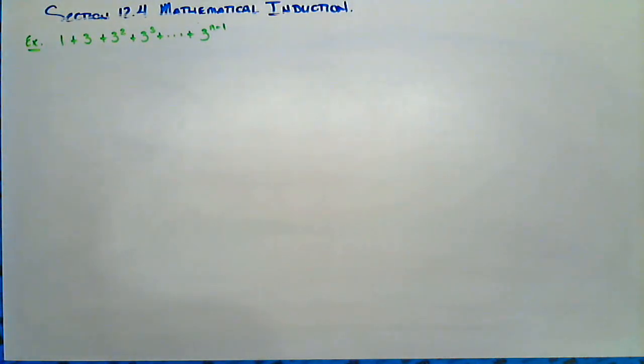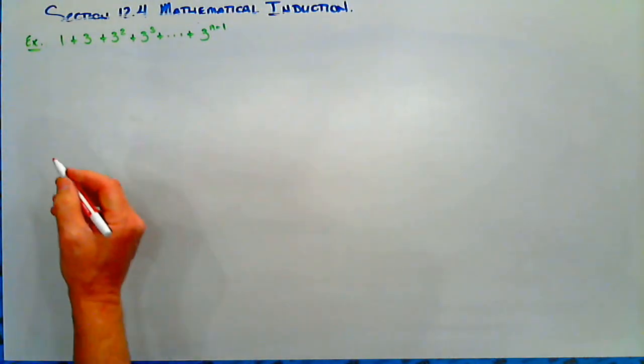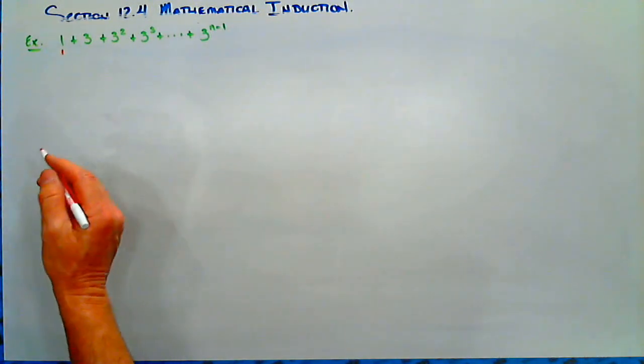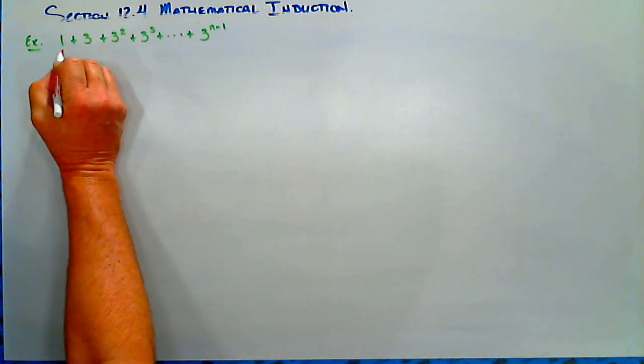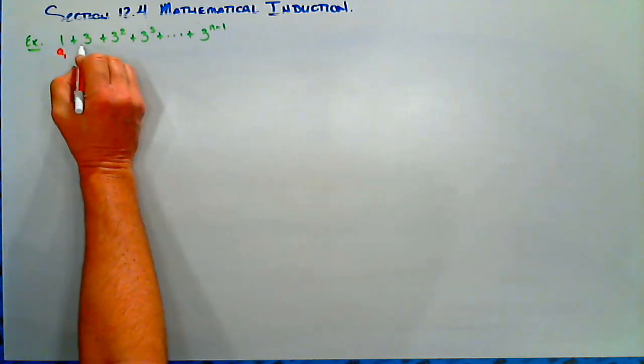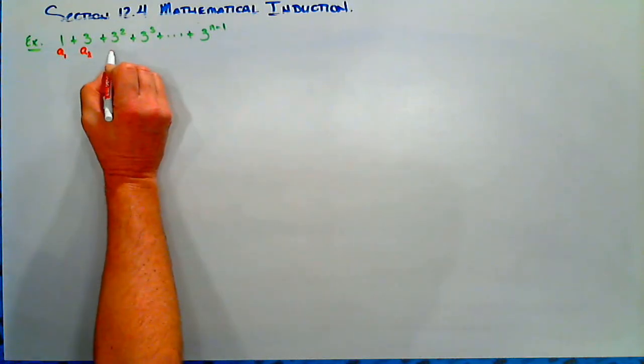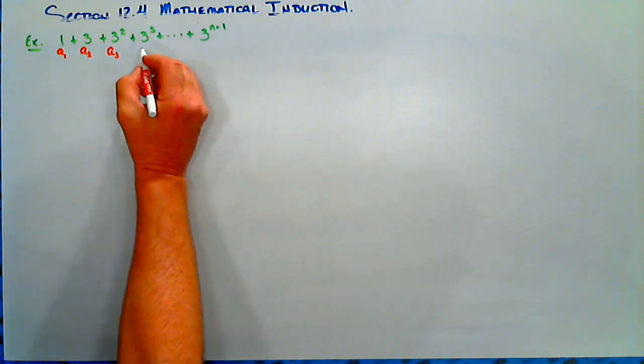Let's write that underneath here just so we can follow along and make sure we understand what I'm saying. Our first term is 1, that's a sub 1. Our second term is 3. Our third term is 3 squared.